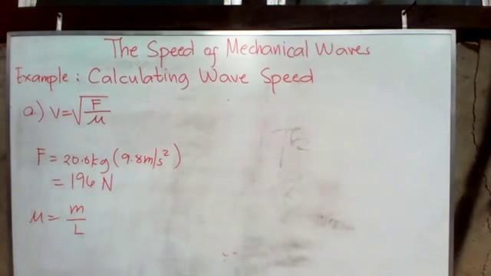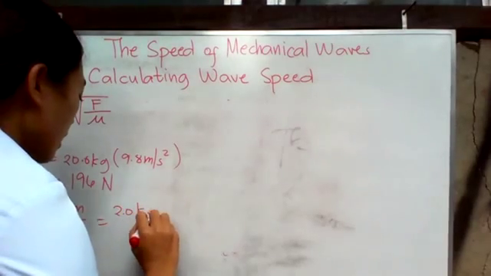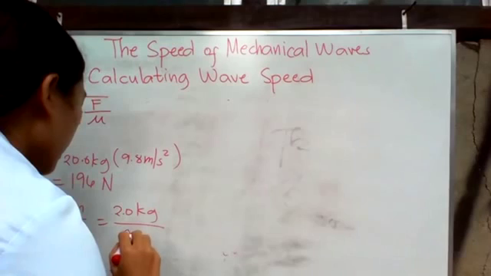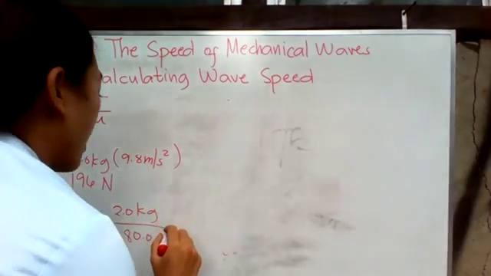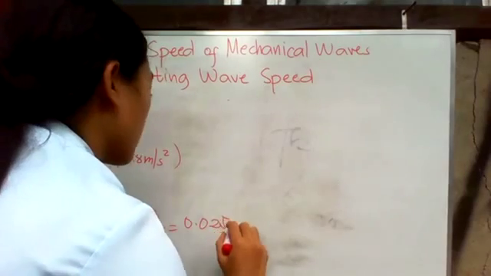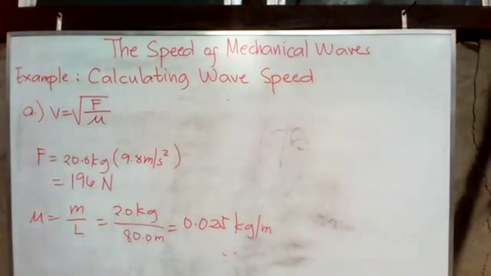Given the mass of the rope, which is 2 kilograms, divided by its length, which is 80 meters, just equivalent to the depth of the shaft, we have 0.025 kilogram per meter.